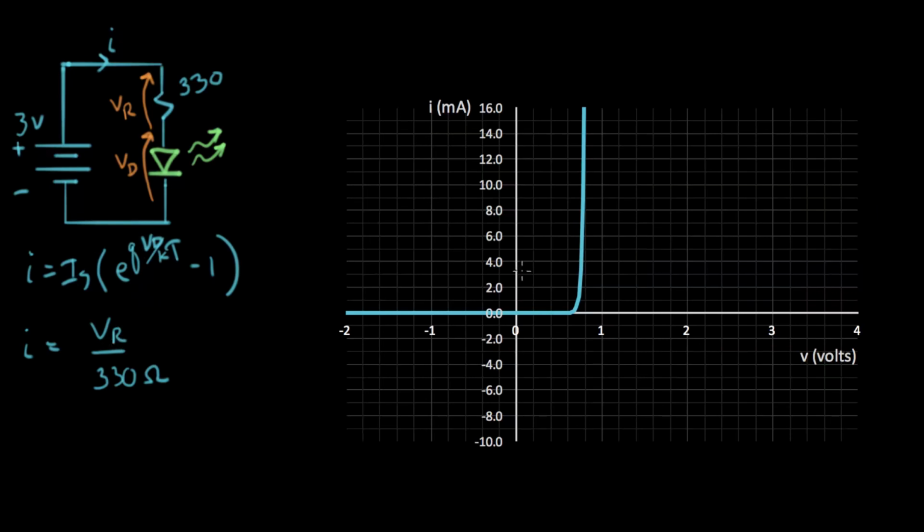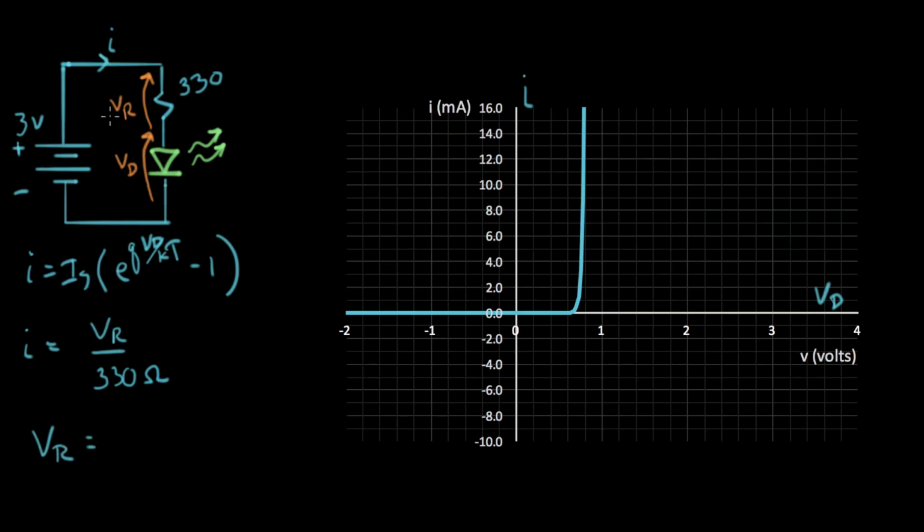Here's a graph of the diode, and this is the VD scale. This is V diode, and this is I up here. So what I want to do is plot the resistor IV curve on this same plot. Now, in this expression, I have VR instead of VD. So let me try to figure out VR in terms of VD.